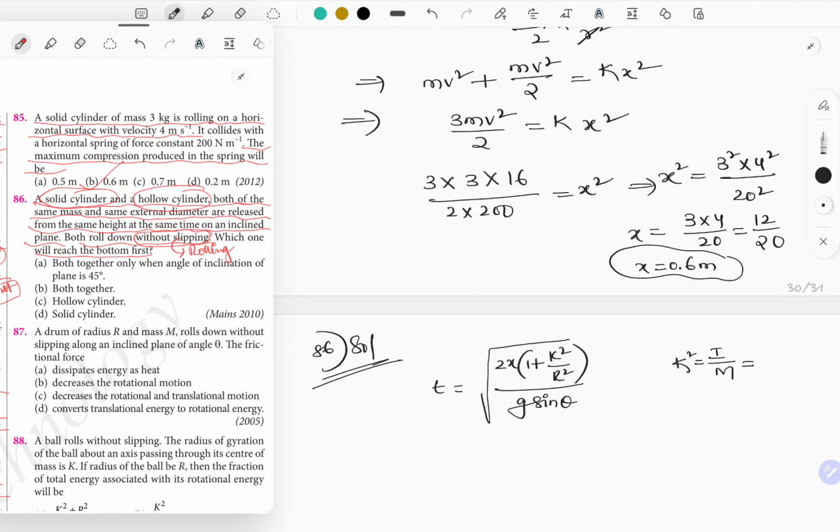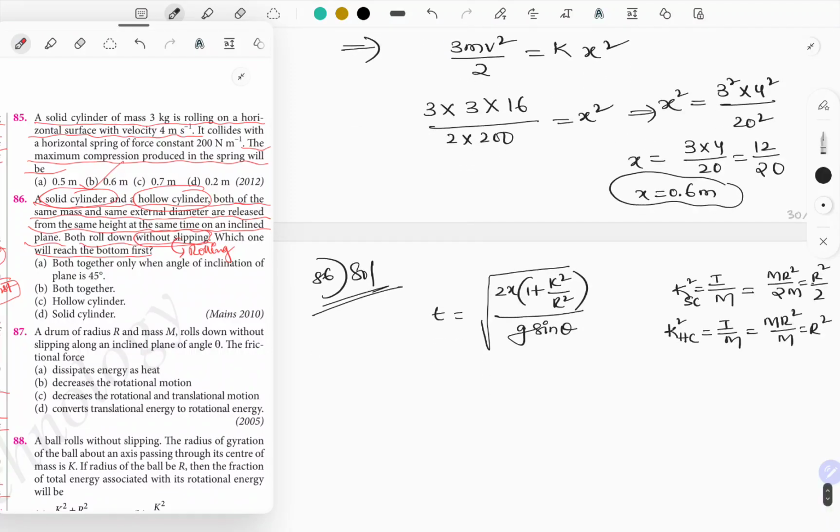Moment of inertia of a solid cylinder is m r square by 2, so k square is r square by 2. This is for the solid cylinder. Next, k square for the hollow cylinder is I by m, which is equal to m r square by m, which is equal to r square. Let me substitute this.